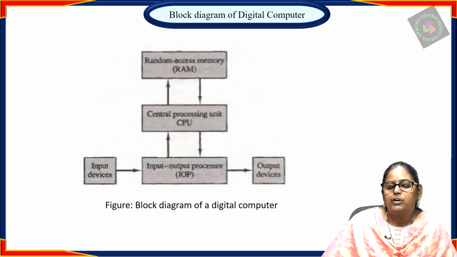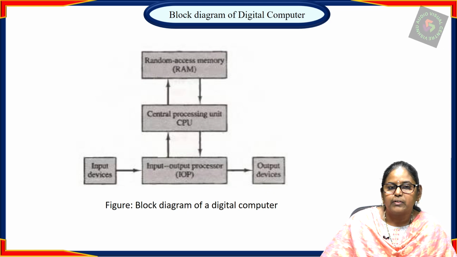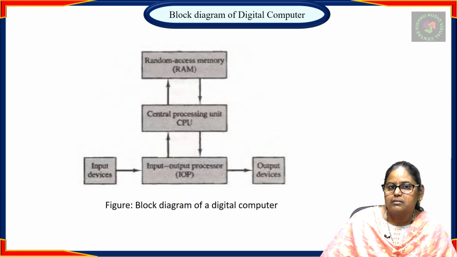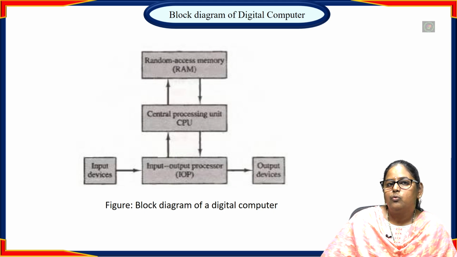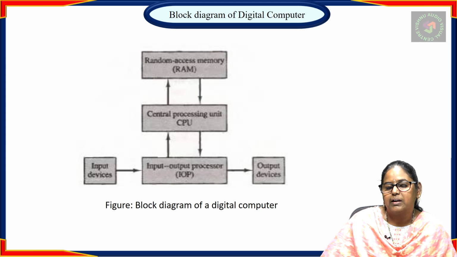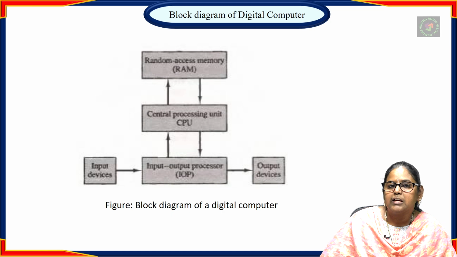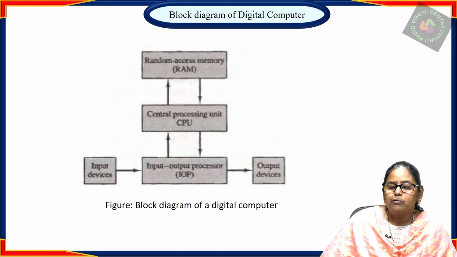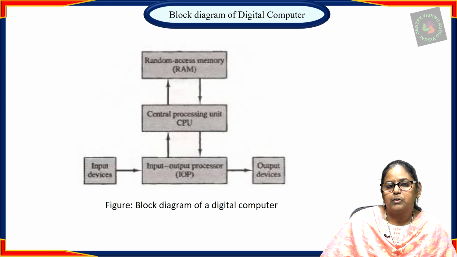So the block diagram of a digital computer consists of three main things: CPU, memory and the IO devices. In between, for the IO devices we also have the IOP, which is mainly used for communication and control of the IO devices with the CPU.